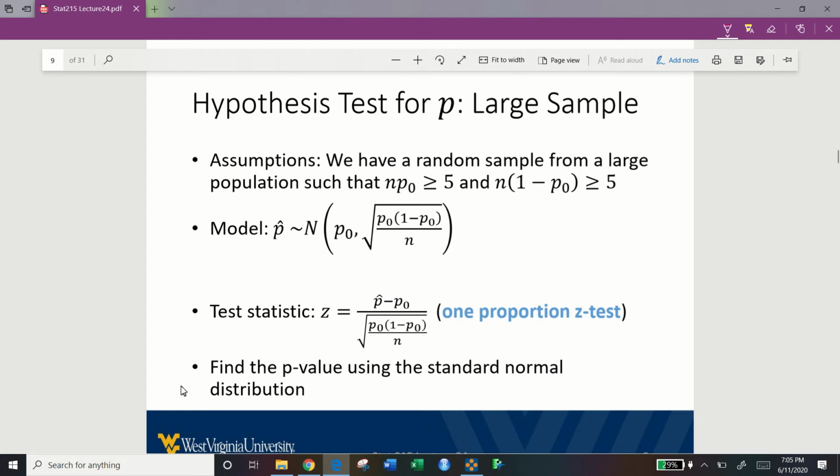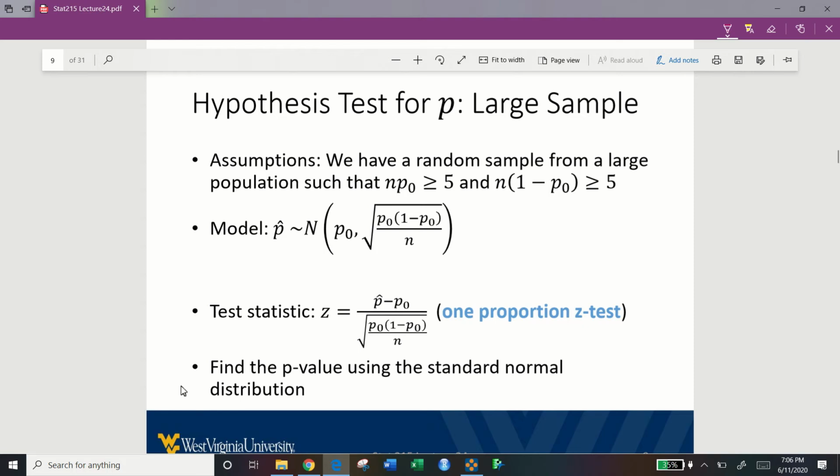We assume that our statistic p hat follows the normal distribution with mean p naught and standard deviation square root of p naught times 1 minus p naught over n.